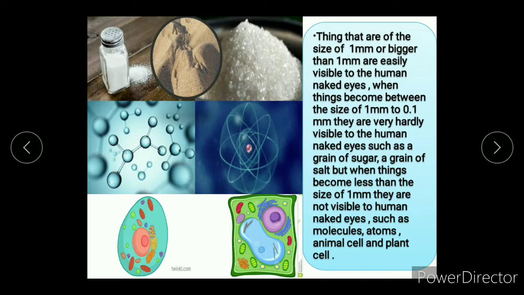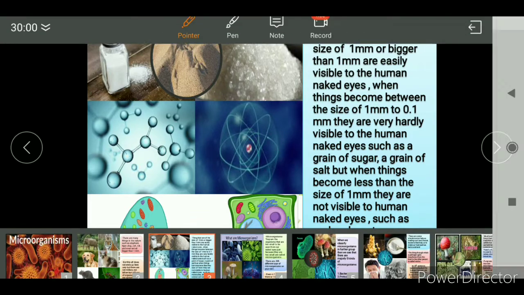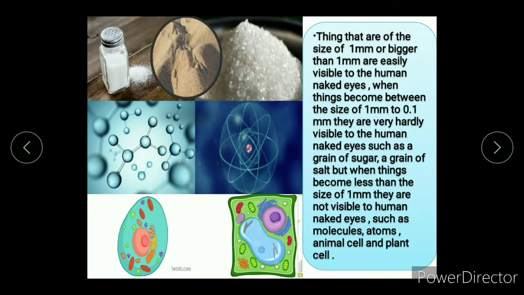But when things become less than 0.1 mm in size, then they are not visible to human naked eyes, such as these molecules, these atoms, these animal cells, and these plant cells. None of them is visible to human naked eyes.